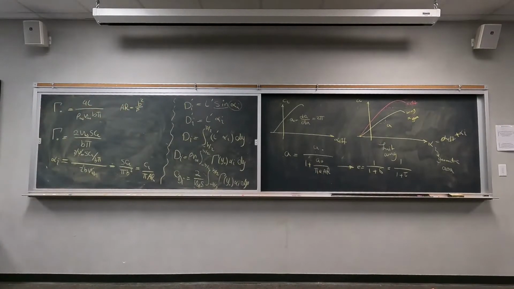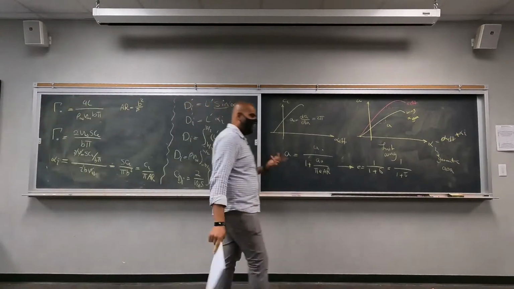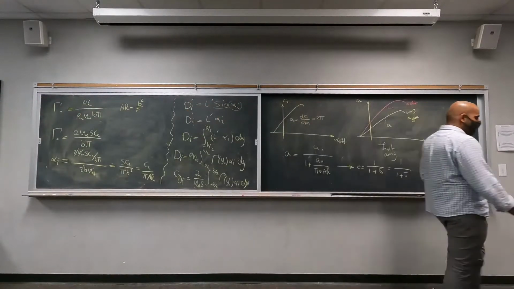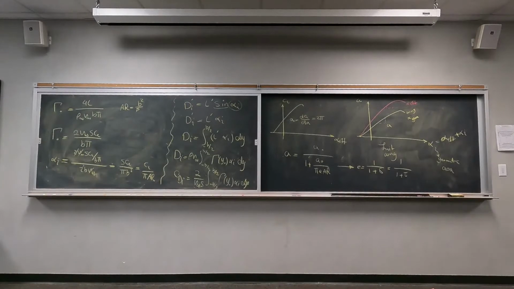Okay. I wanted to have a discussion about delta wings, but I don't think we're going to have enough time for it. The discussion is included in the notes, so you are always welcome to go and read this discussion.